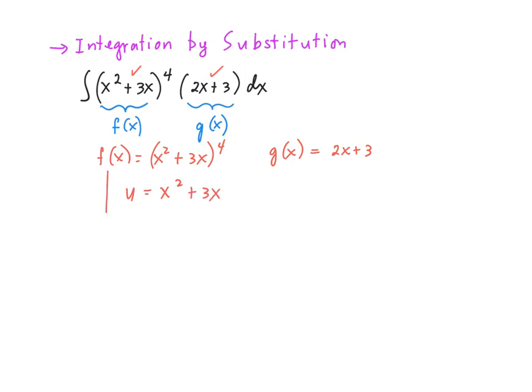Notice that f of x now becomes f of u equal to u to the fourth. Now, because 2x plus 3 is the derivative of x squared plus 3x, g is then u prime, or the derivative of u with respect to x.